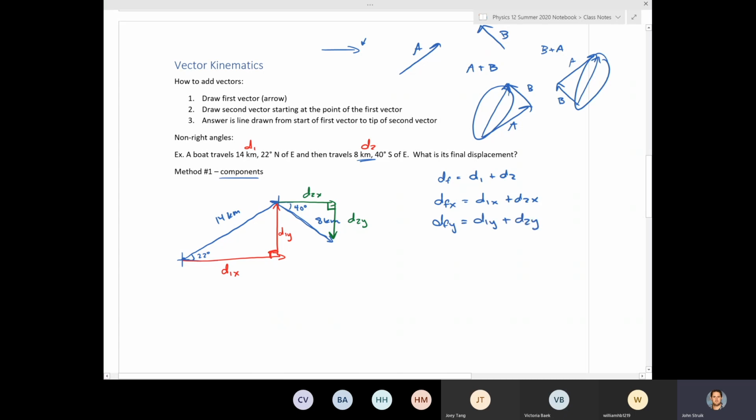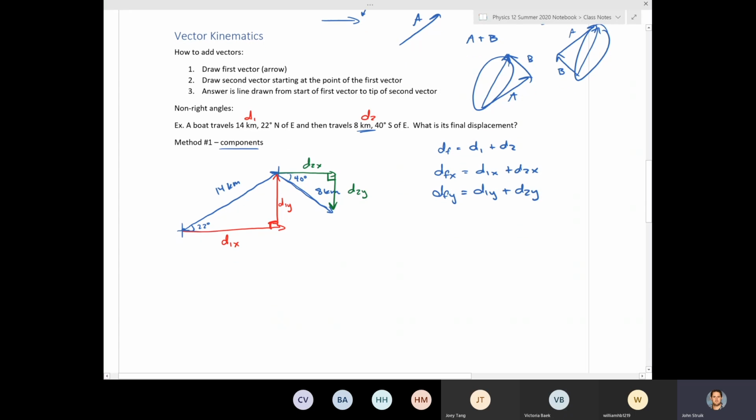So we can add d1x plus d2x to find dfx. We're finding this vector right here. That's df.